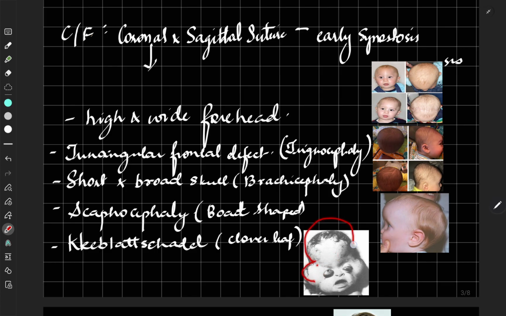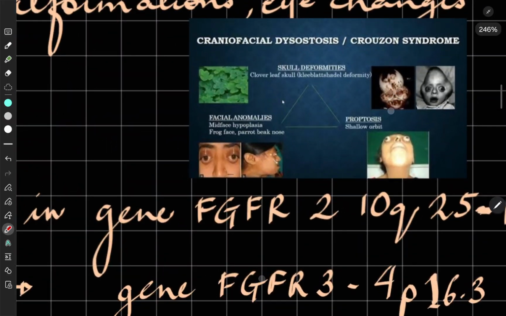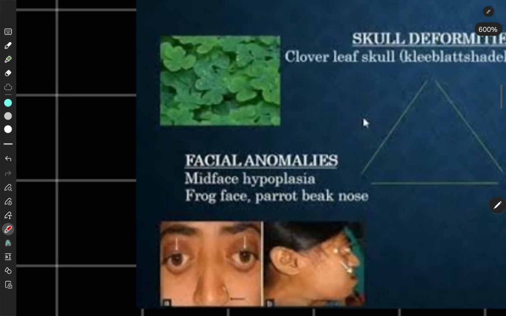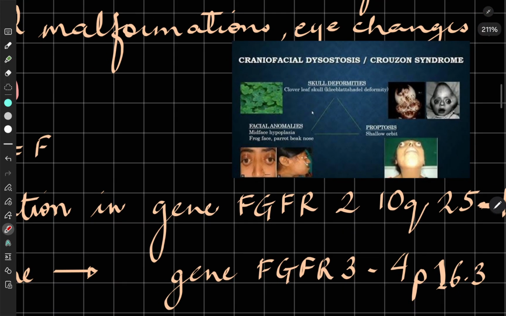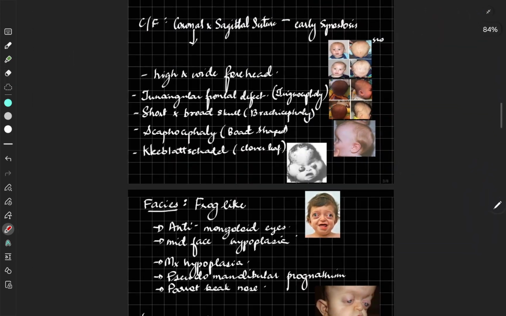This is the clover leaf shape. You know how a clover leaf is like this. I'll just show you the photo of a clover leaf as well. Can you make out, can you appreciate it? Yes, this is the shape of a clover leaf. That's why it is known as clover leaf shape.